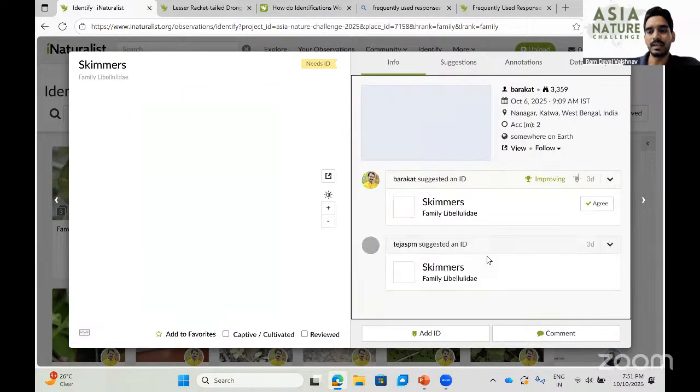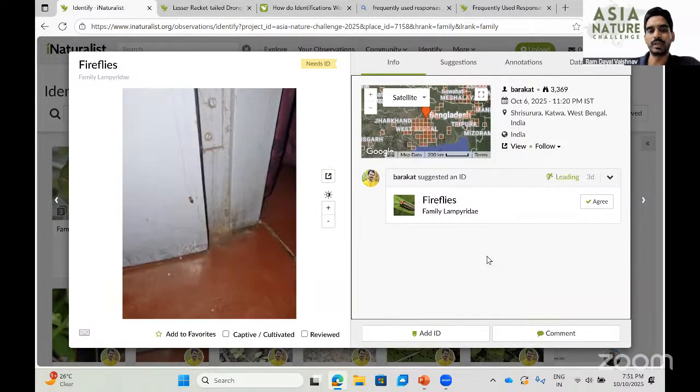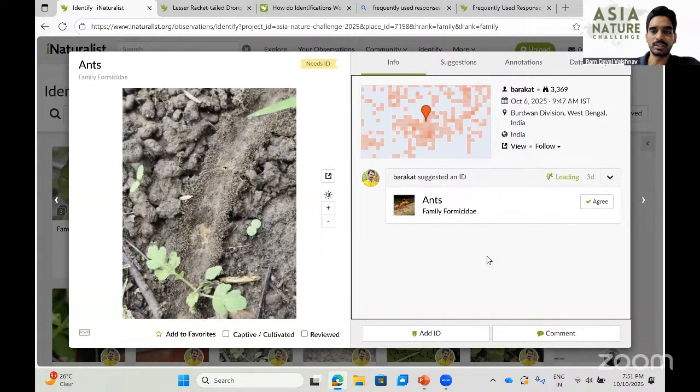Then as you slowly start to contribute more as an identifier, you would also need these other tabs, where you can use the suggestions, put annotations, and add some data quality related tags as well.